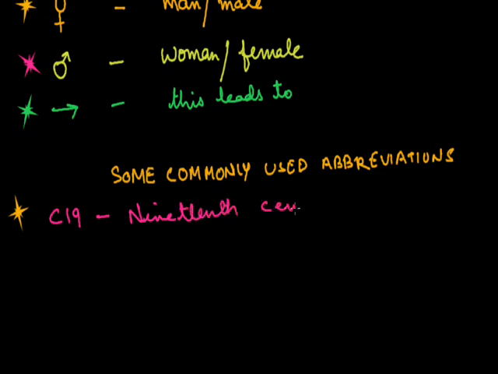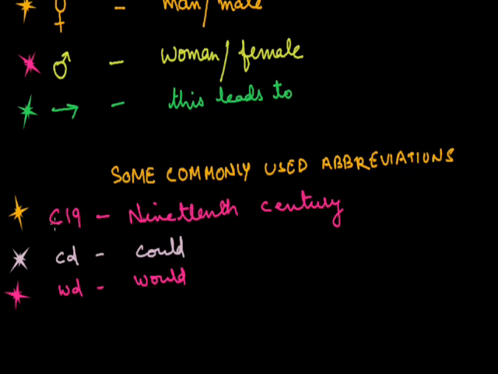Then CD means could, so instead of could you should write CD. And instead of would, you should write WD.